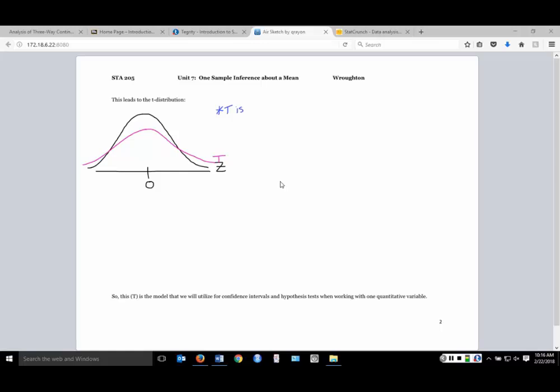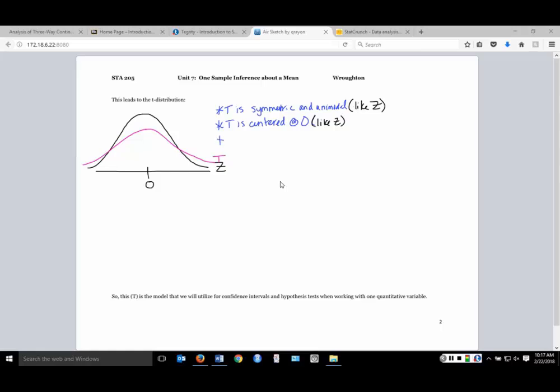So T is symmetric and unimodal, just like Z. Okay, so that's one thing that's true. T is also centered at 0, like our Z as well. So there's no difference here so far.